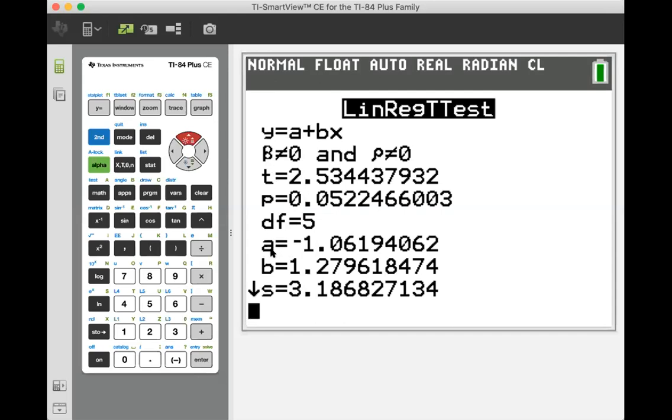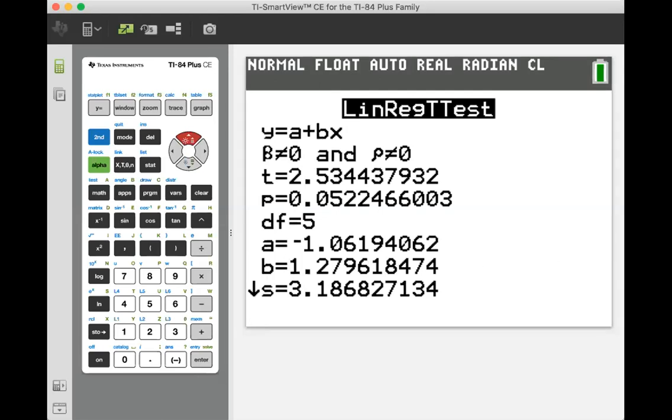Well, we've got A and B. See this model up here at the top, A plus BX. That constant in the model is this number right here. This coefficient of X in the model is this number right here.